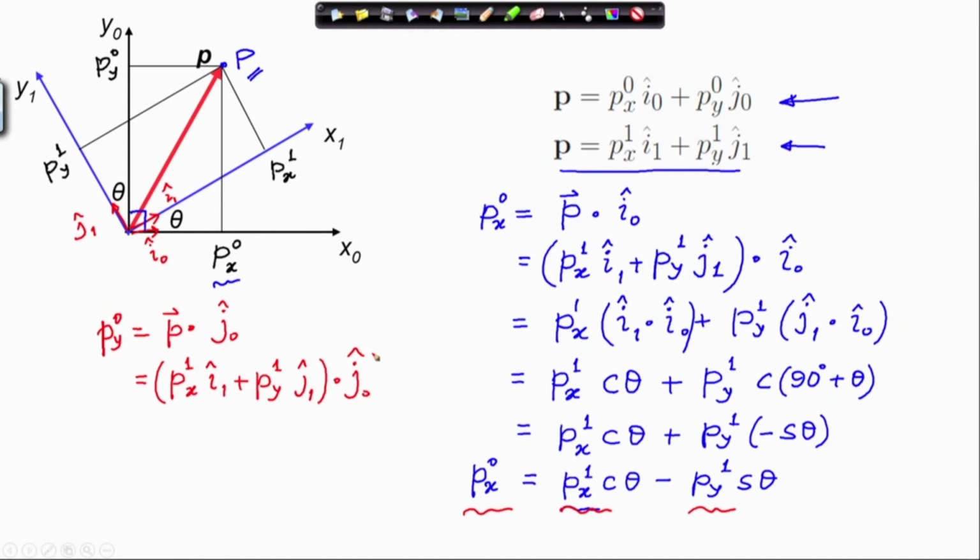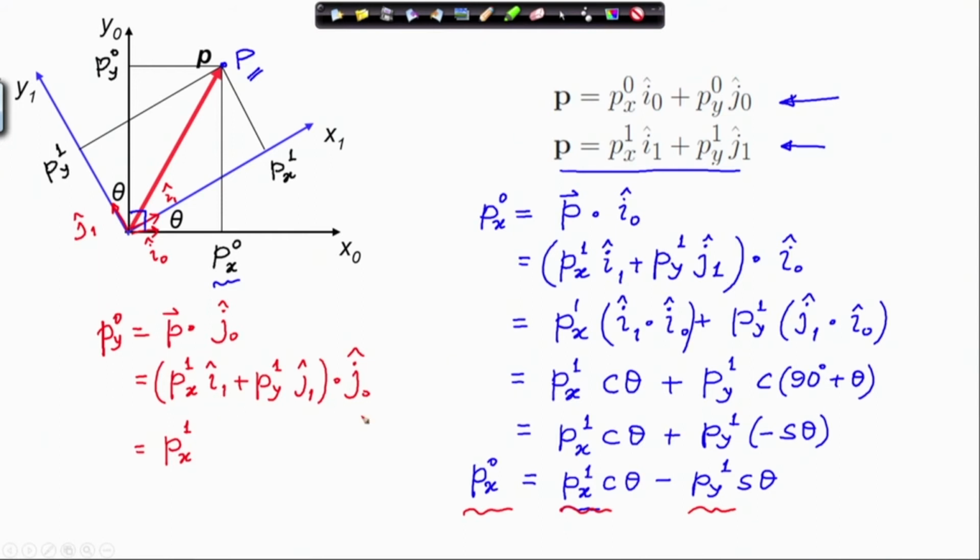Carry out the dot product, write out the angles between the unit vectors, and I will get a second relation. I will have i1 dot j0.